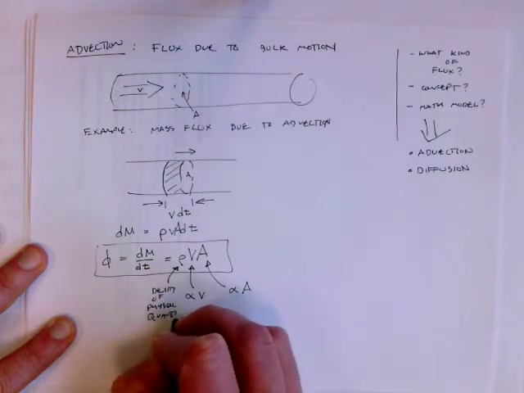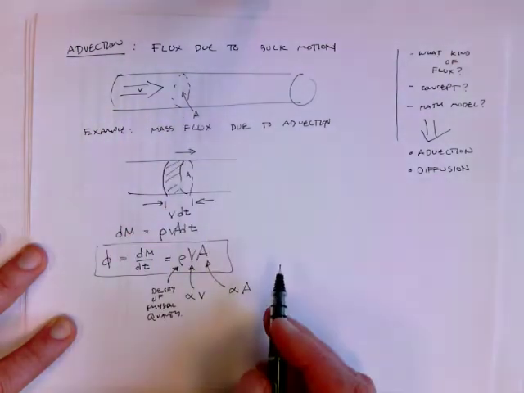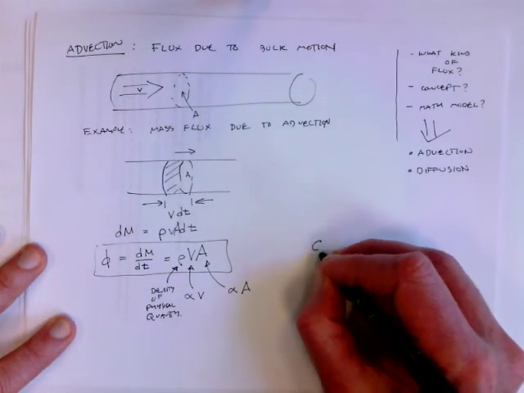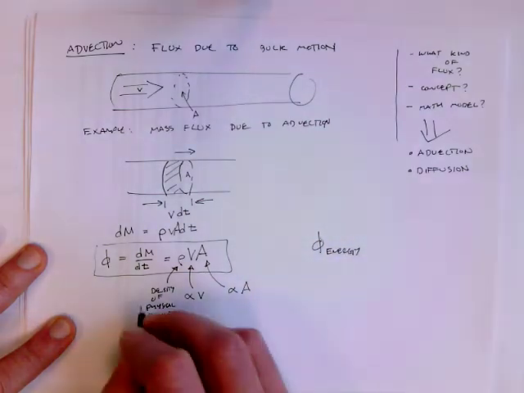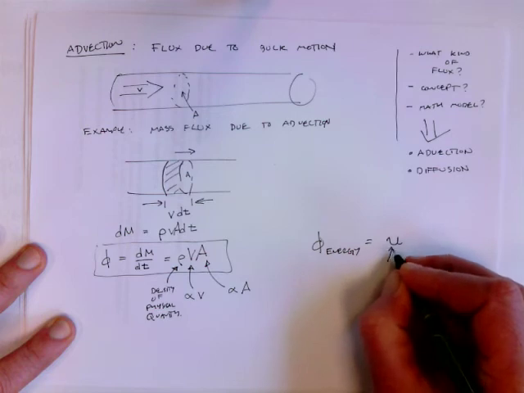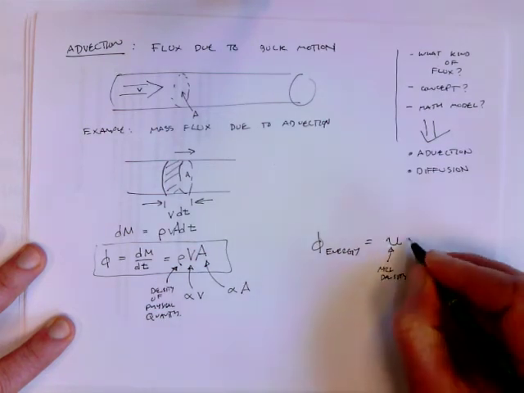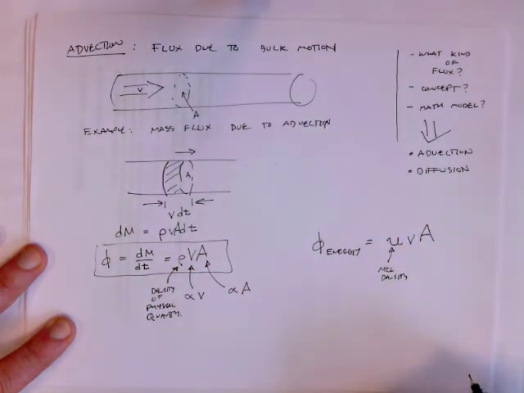By the same token, we could ask how much thermal energy is being carried across this surface. The flux of energy being carried across the surface is going to be whatever the energy density is, times the speed that it's crossing the surface, times that cross-sectional area.